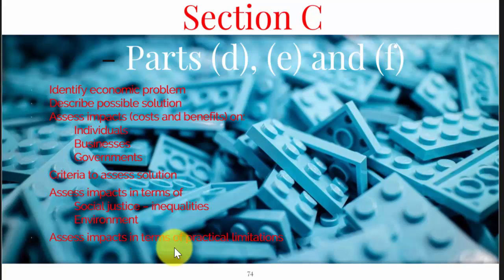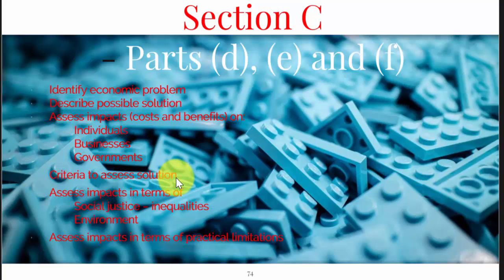So the sorts of things that you could be asked to comment about are very much the same as for criterion 3. You won't have to describe the problem, because that's combined in parts A, B and C, but you might have to look at describing solutions, assessing the impacts of that solution, and a criteria to assess that solution.